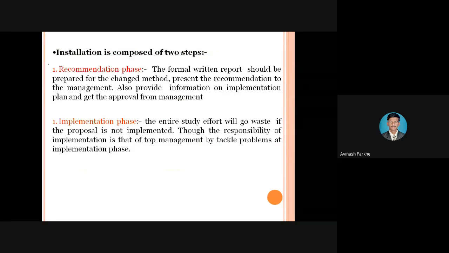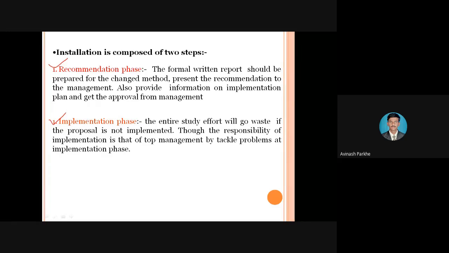One is the recommendation and another is the implementation. Recommendation means, for the new method we have developed, we have to prepare one report. That report we have to present in front of higher authority, or in front of management.